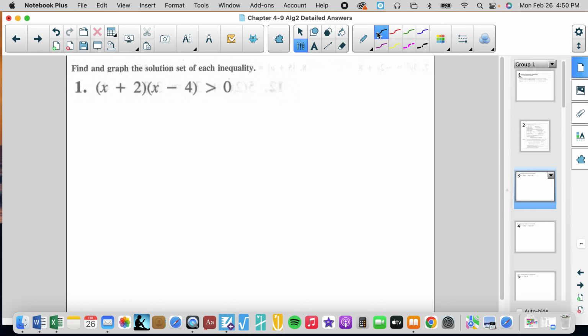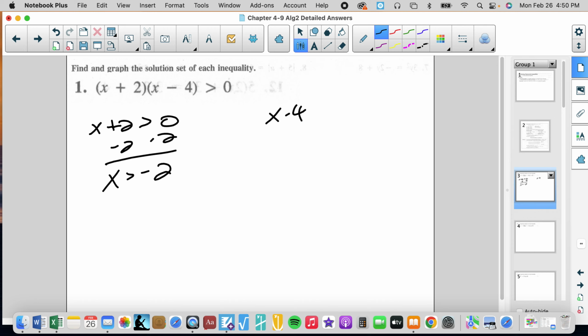It has to be greater, so it has to be positive. So we get x plus 2 is greater than 0, minus 2, minus 2. X must be greater than negative 2. And then x minus 4 is greater than 0, add 4, add 4. X is greater than 4.